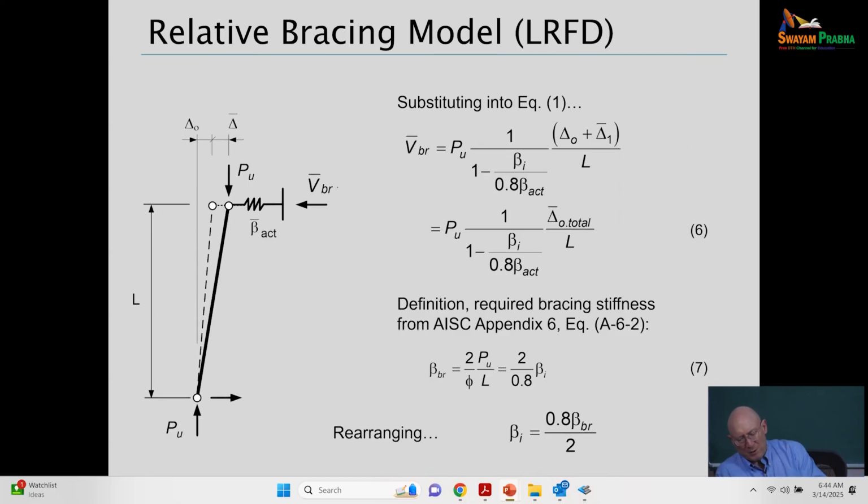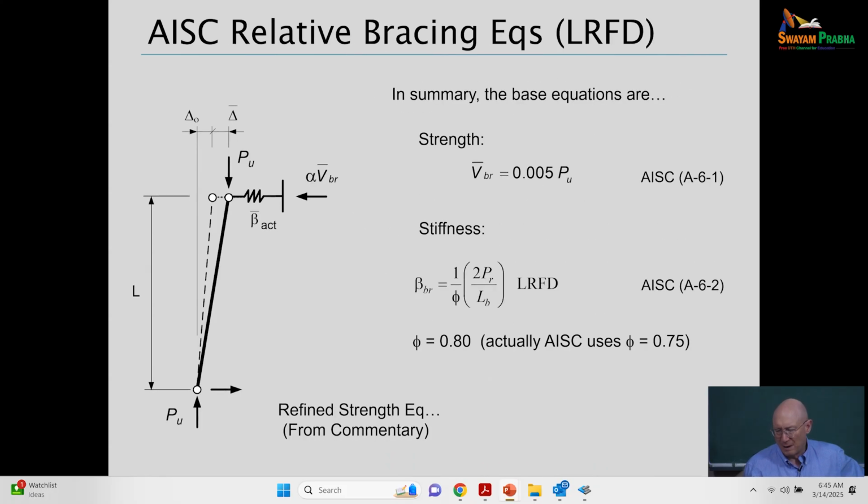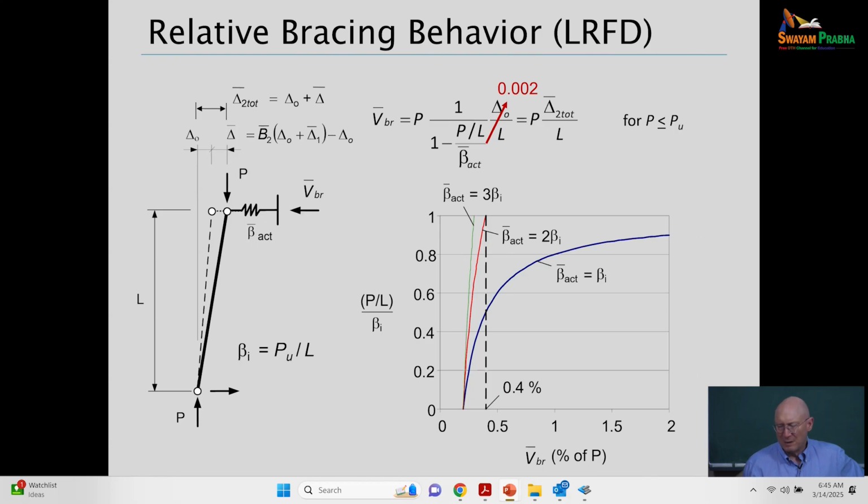So notice the required bracing is 2 over 0.8 beta I, and so if we put in a stiffness that's essentially 0.8 of that, then we've got 2 times beta I for the required bracing. And so let's get back to the plot here. When we provide more bracing stiffness than what we really need, the bracing force gets smaller once we get to the ordinate of 1 at the top of this plot.